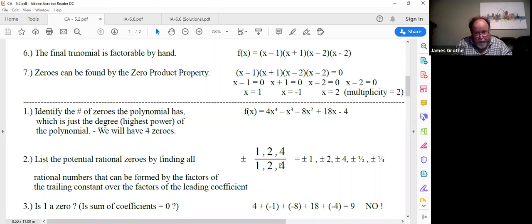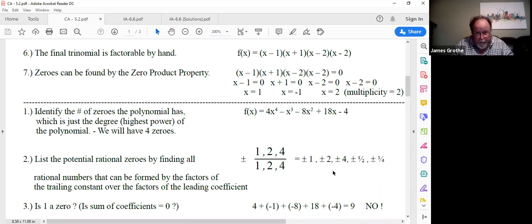And then we go to a denominator of 4. 1 over 4 is 1/4. 2 over 4 is 1/2, we already have that. And 4 over 4 is 1, we already have that. So it looks like I have 10 possible rational zeros. Positive or negative 1, 2, 4, 1/2, and 1/4.